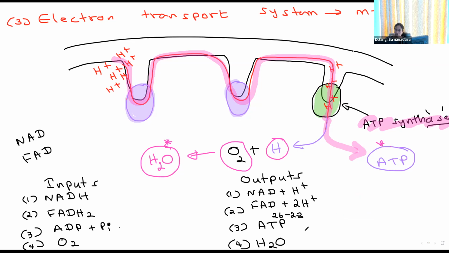Let's go with 26 to 28 ATP. So if something happens to the electron transport system, you're losing 26 to 28 ATP, a massive number of ATP.